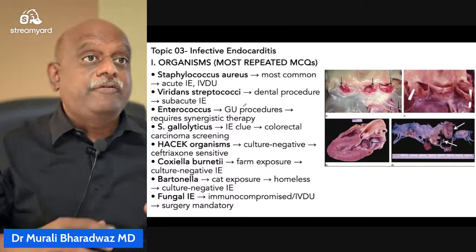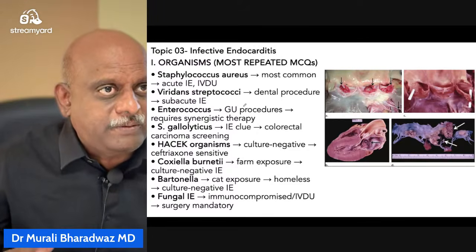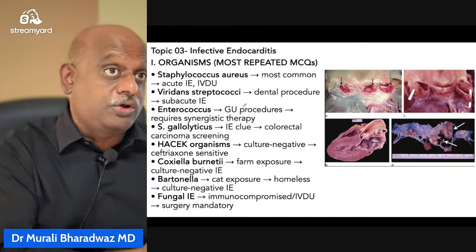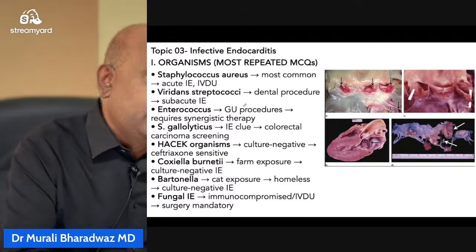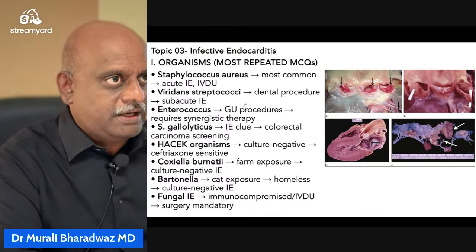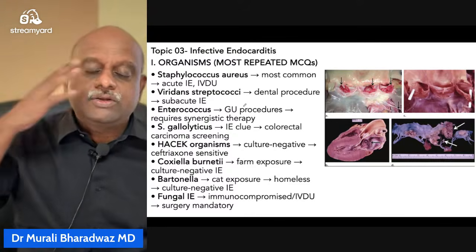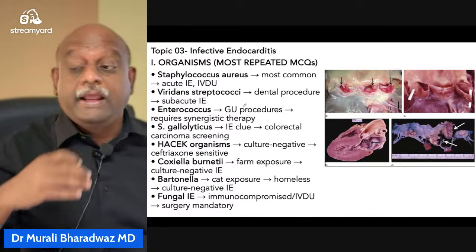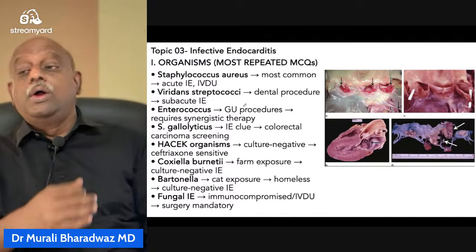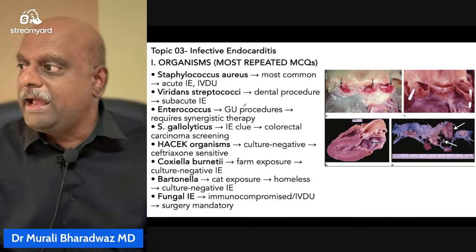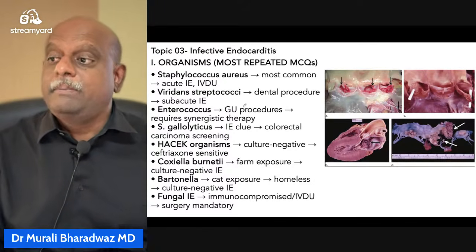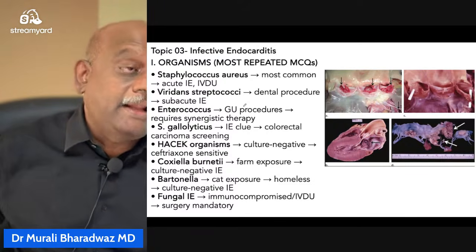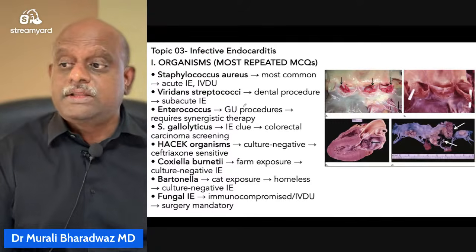But if it is culture negative infective endocarditis, because these organisms don't grow in the culture media used for Streptococcus and Staphylococcus, that's the reason it is called culture negative infective endocarditis due to the HACEK group of organisms. That is what you need to remember. And they are all ceftriaxone sensitive.